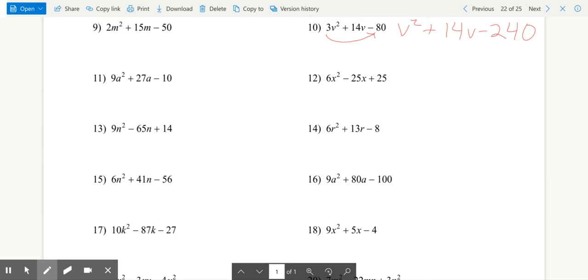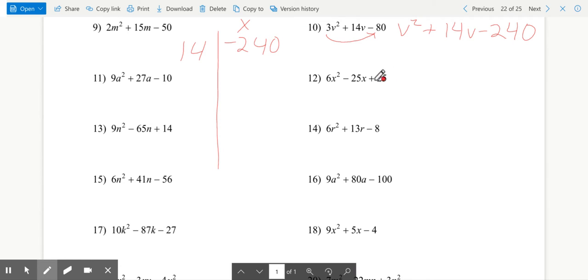So now we can solve this like a trinomial that has a leading coefficient of 1. We're going to be looking for something that multiplies to negative 240 and adds to 14.